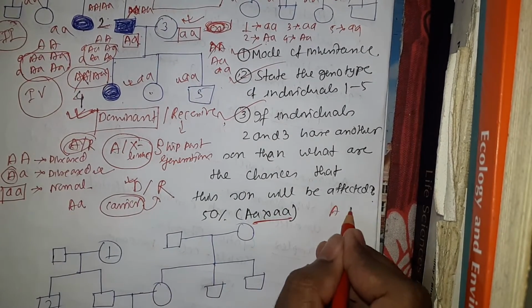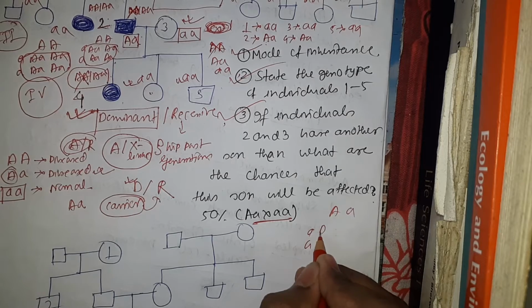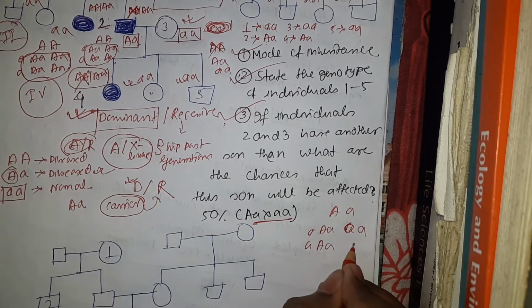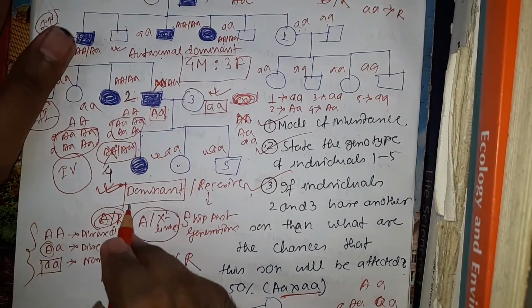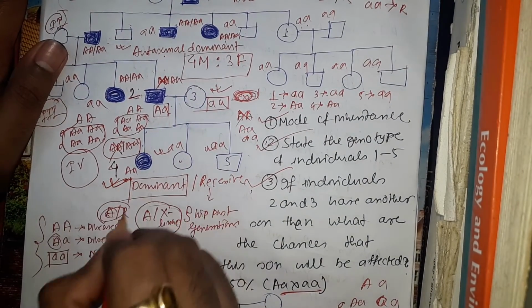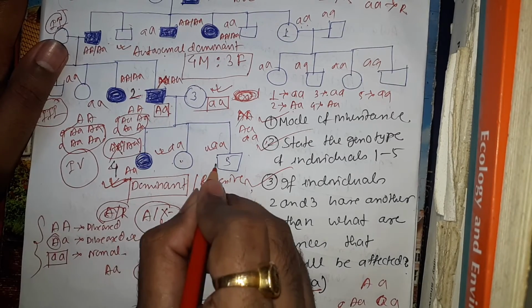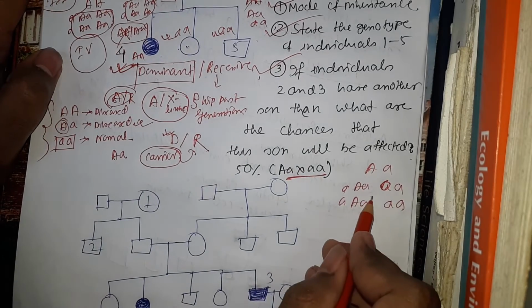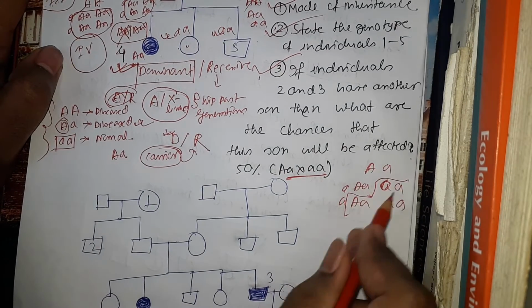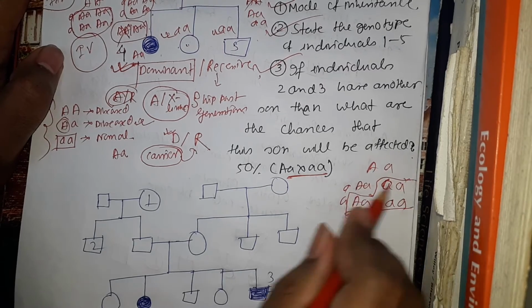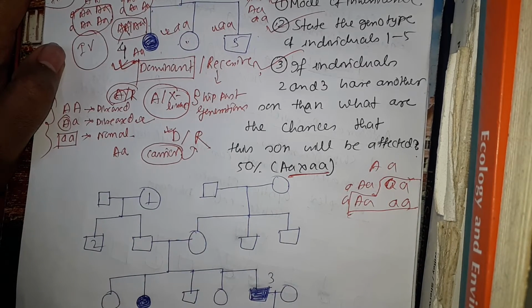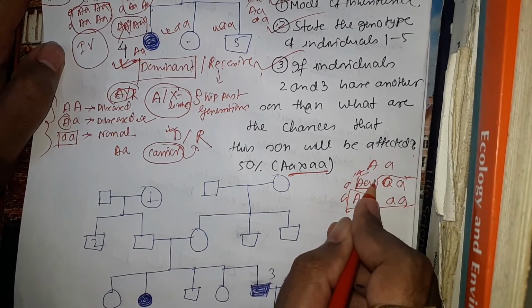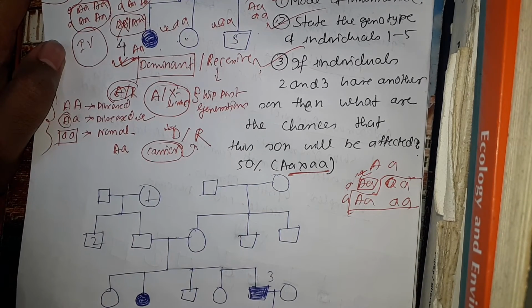Okay, so a, small a, capital A small a. Now look at this. We have capital A small a, we have small a, we have small a. So all these 4 probabilities are completed, right? Okay, so there is a high chance that the next one will be capital A small a.